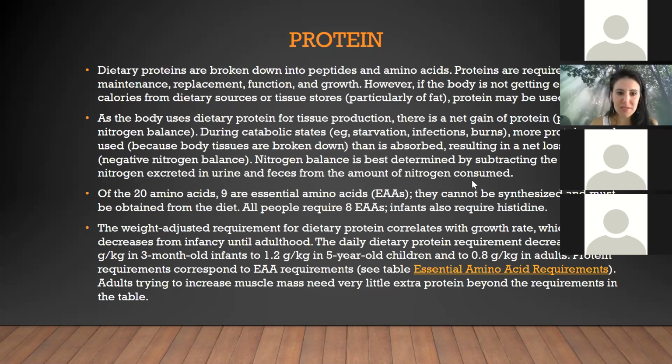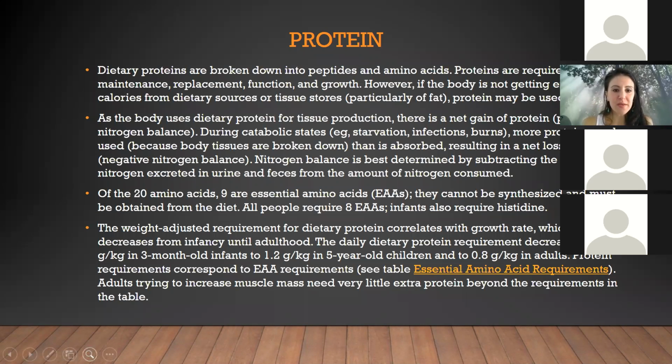It's called a positive nitrogen balance. How we can tell if we're protein malnourished or getting too much is that it comes out in our urine, the nitrogen balance. We can test for that. During really high intensity exercise or starvation, or if you have an infection or a burn, this is called a catabolic state, meaning a breakdown. More protein is actually used for energy.